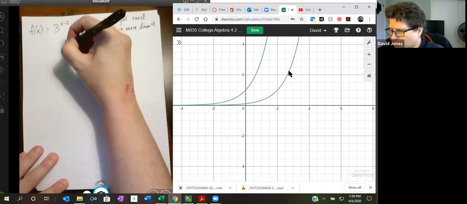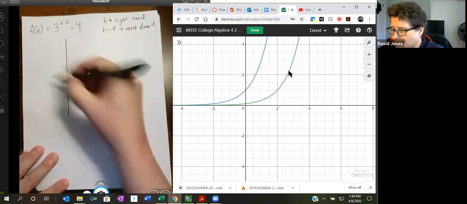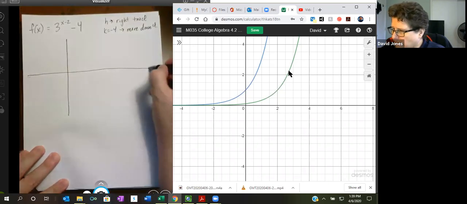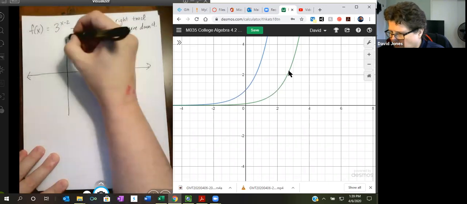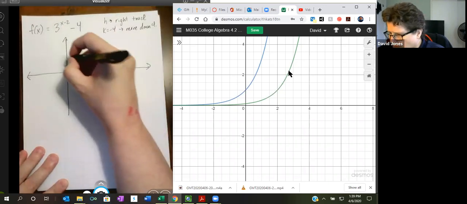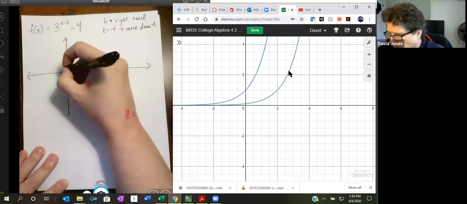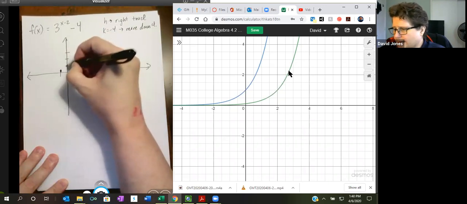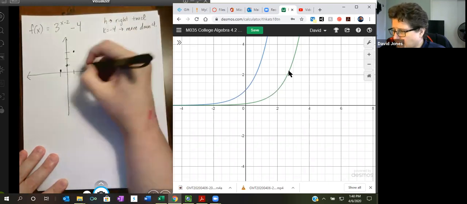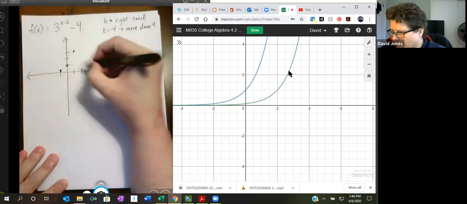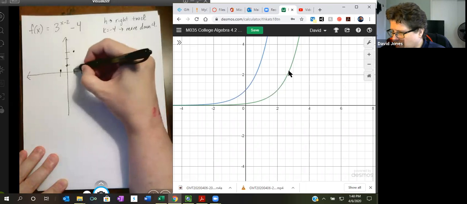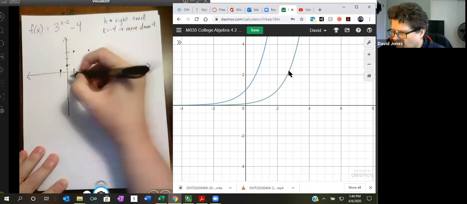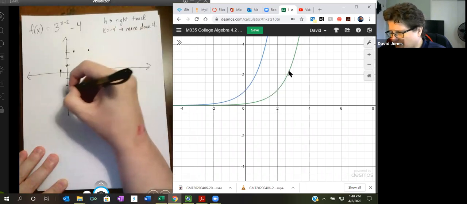So it's handy to plot where everything was. We had, this is 3 to the x. And then we moved everything right 2 numbers. And now everything goes down 4.